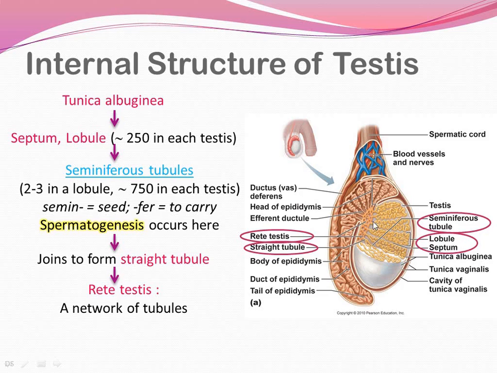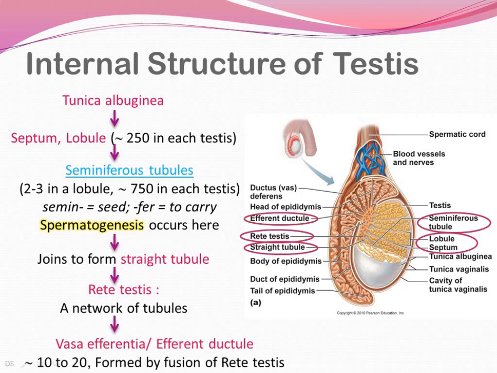Okay, still this time is not enough, and in that case, because spermatogenesis is continuous, after a few days all this sperm will now move to the epididymis. So this is the structure, the epididymis, a very long, coiled structure.